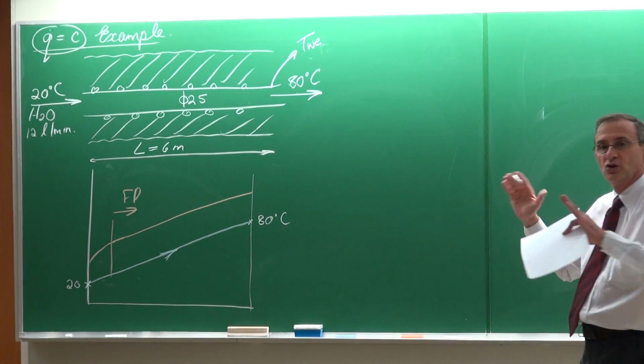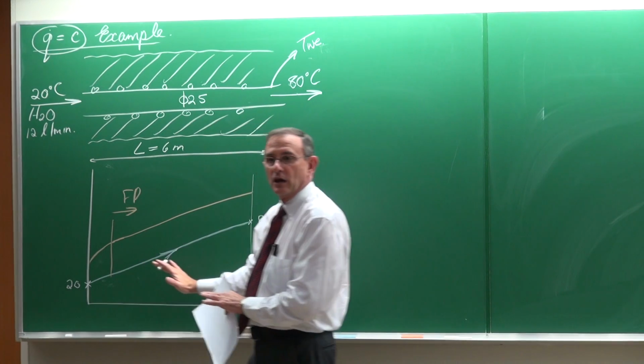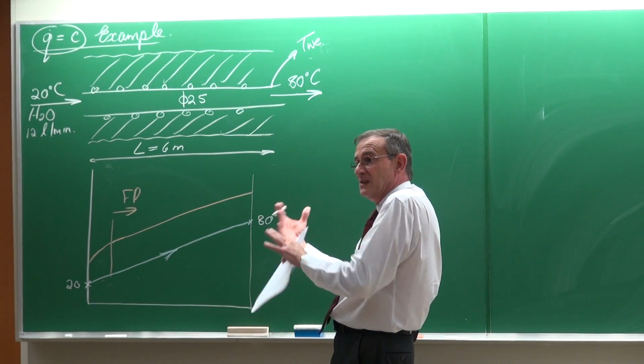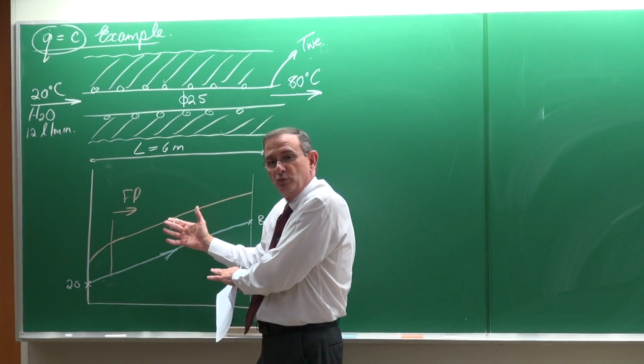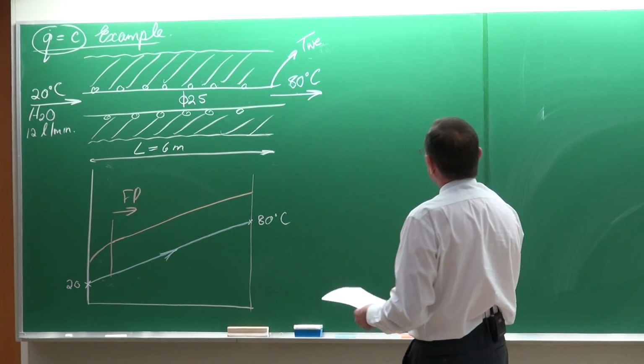So it is very important to understand the theory of constant heat flux and a constant wall temperature, because you need that background to put the problem together and to really understand it and to make the right decisions.